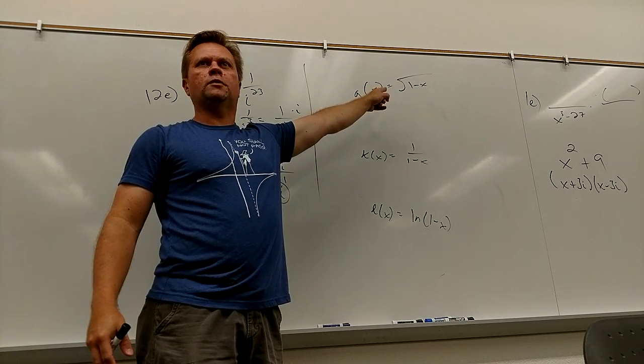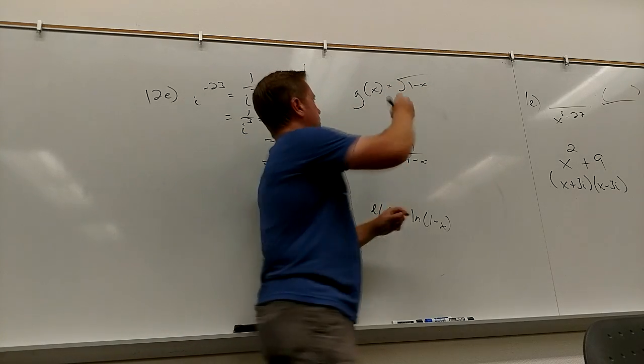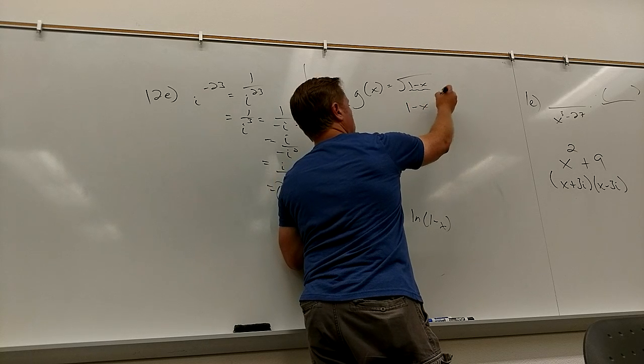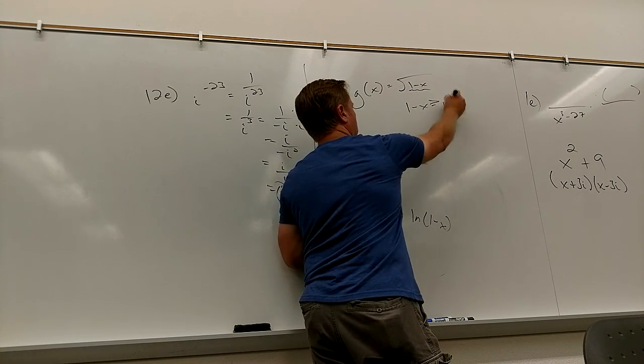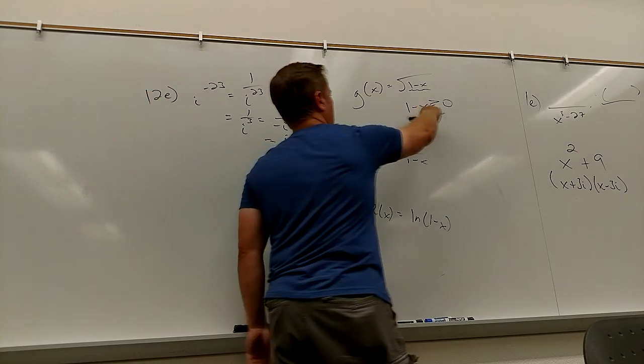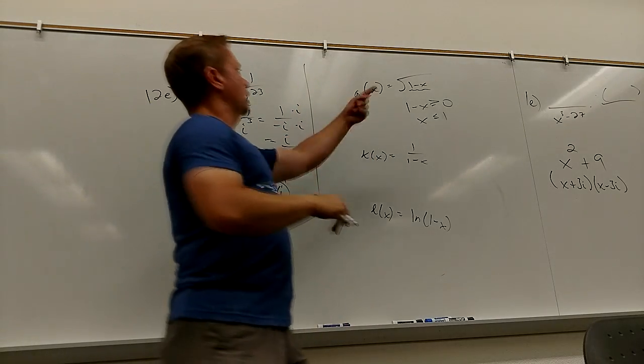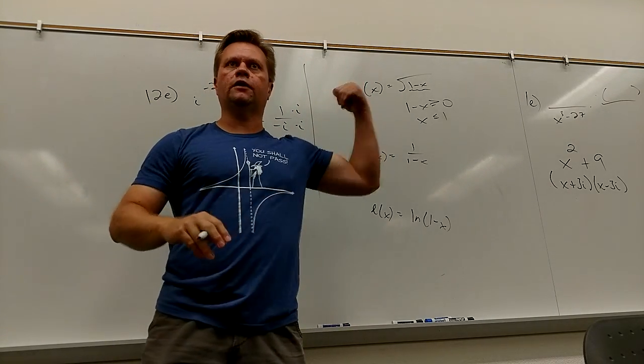What must be true about the number 1 minus x? Must be greater than or equal to 0. Yeah, the inside has to be greater than or equal to 0. So if you add x and turn around, x has to be less than or equal to 1. Or if you subtract 1, divide by negative, you've got to flip the sign and you finally get there.